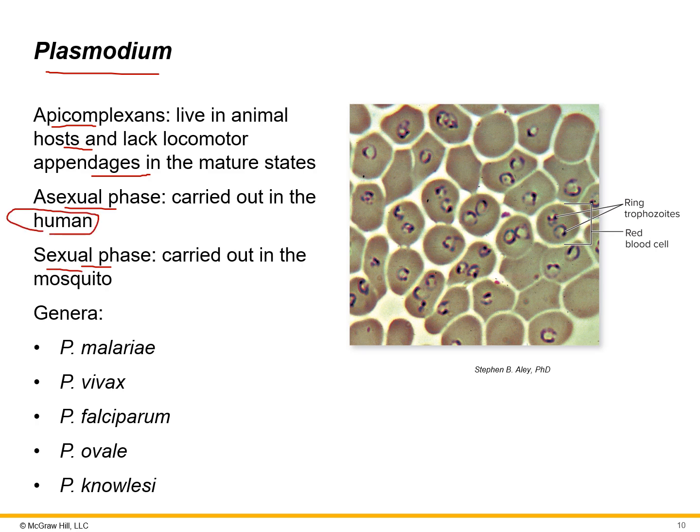Their sexual phase is in those mosquitoes. So it is transmitted by mosquitoes, so controlling mosquito populations is a way of controlling this disease. It is mentioned here there are multiple Plasmodium species that all lead to malaria.